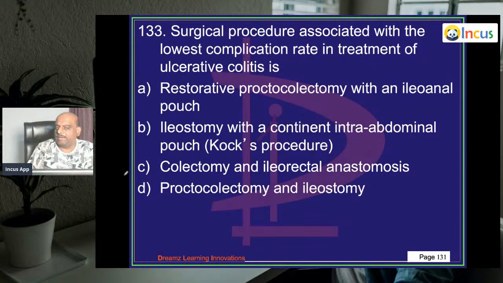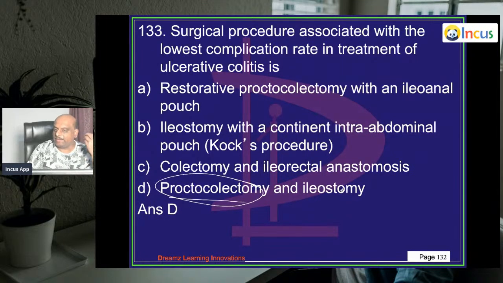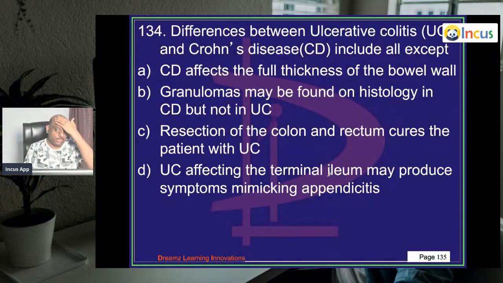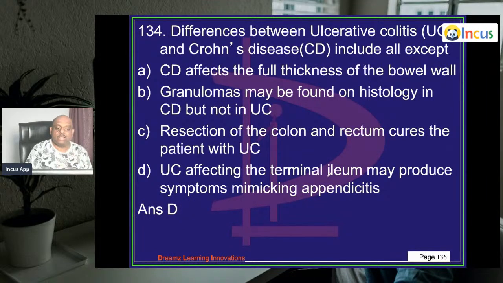Lowest complication rate, ulcerative colitis, what do you have? Proctocolectomy and ileostomy is considered to have the lowest complication rate. Now, ulcerative colitis versus Crohn's.